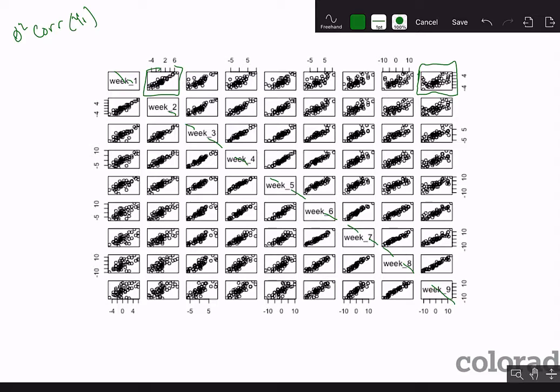And one thing you can see here, going down the first off diagonal, you have week 2 against week 3, week 3 against week 4. These would be points in time that are 1 week apart. And you can see that we have pretty tightly correlated residuals between week 1 and week 2, and between week 2 and week 3.